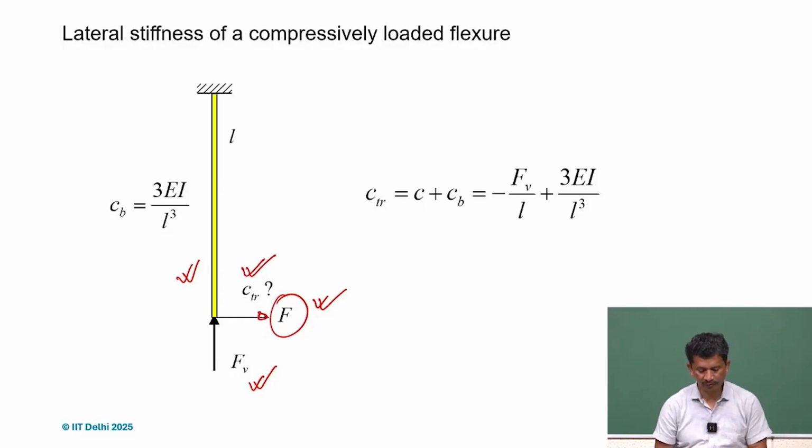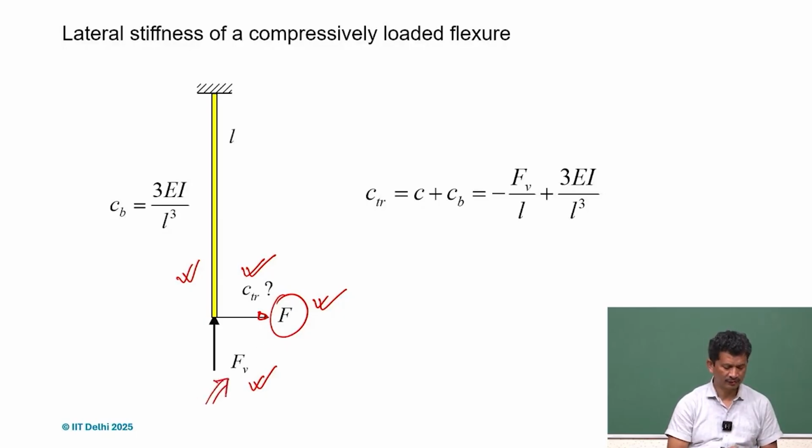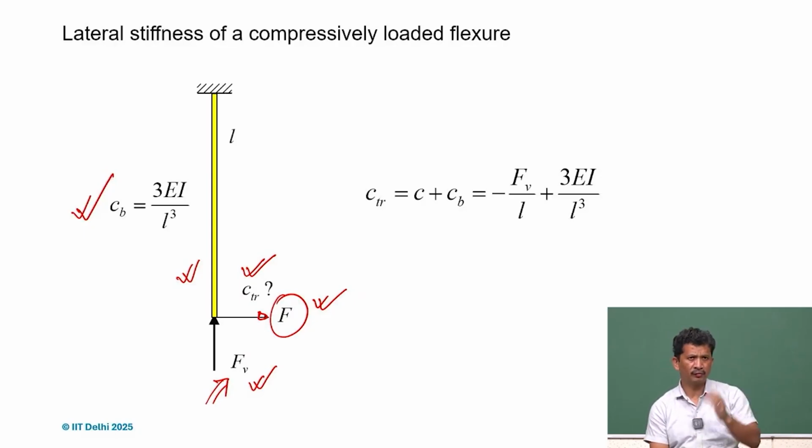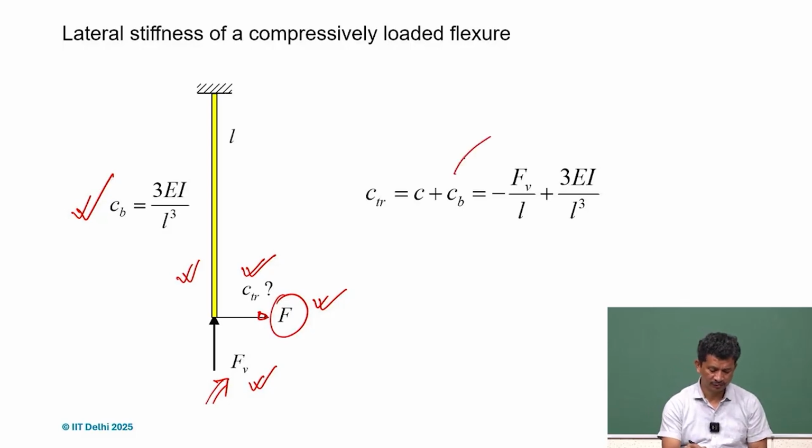There are two stiffnesses working. One is the stiffness because of the preloading, and the other is because of the bending load. F will try to bend it, so there is a positive stiffness, Cb, which in this case for a cantilever is 3EI by L cubed, which is positive.